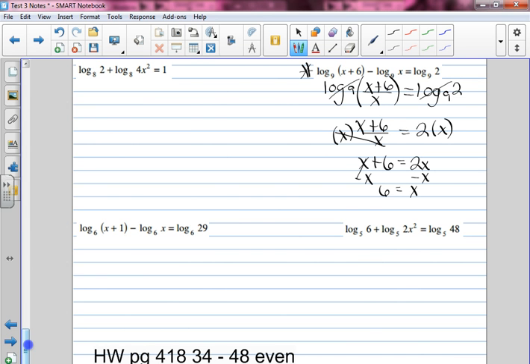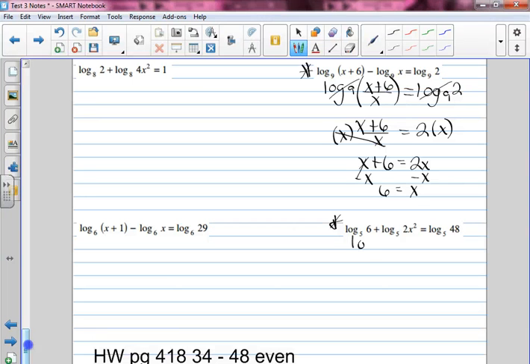And my last example is right here. Log base 5 of 6 plus log base 5 of 2x squared equals log base 5 of 48. My first step says rewrite multiple logarithms as a single logarithm. I do need to do that on the left side. Addition means multiply.